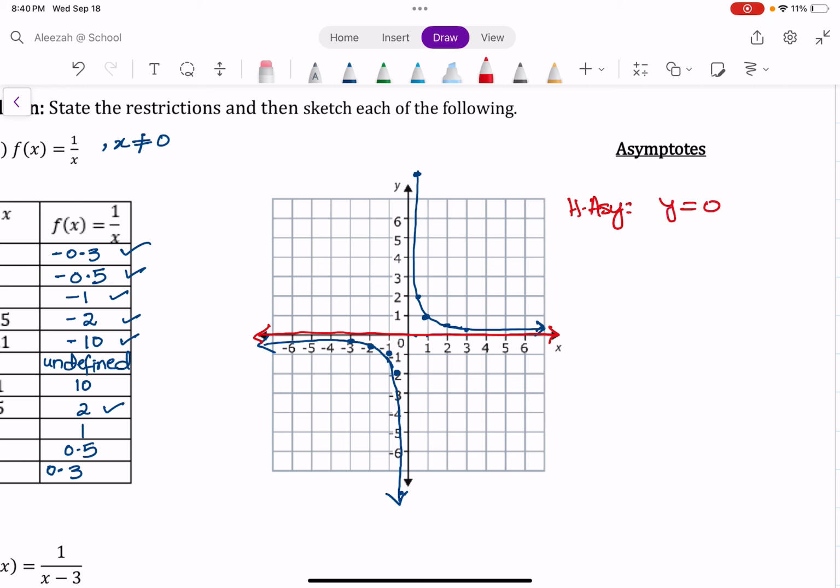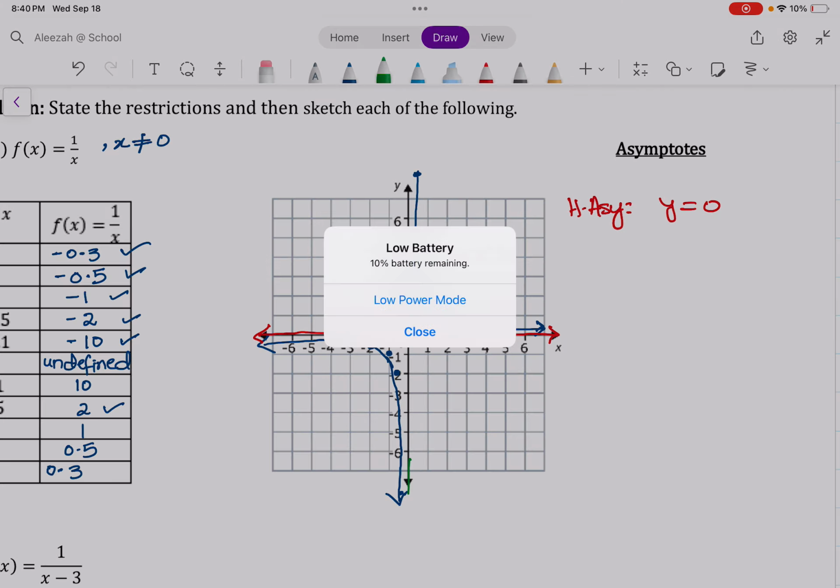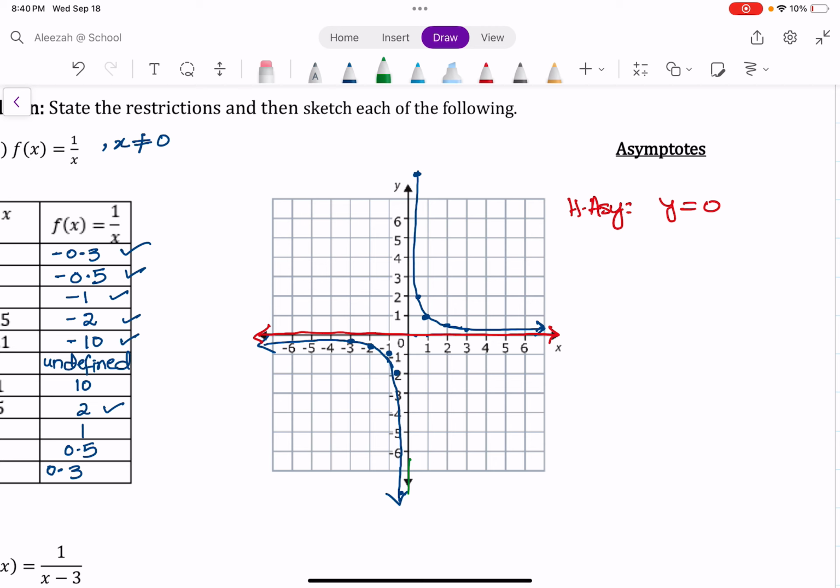And if I look at the graph here, my graph is not even touching the y-axis. So here the y-axis is basically my vertical asymptote. I just draw the line on the top so that you can see the horizontal and the vertical asymptote.